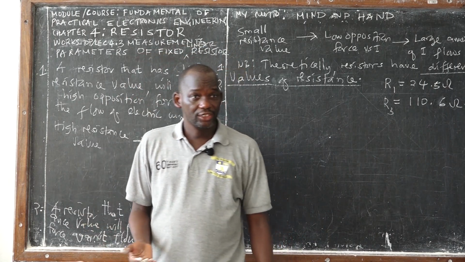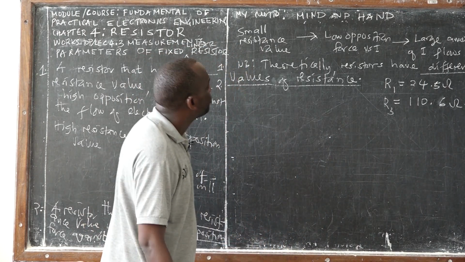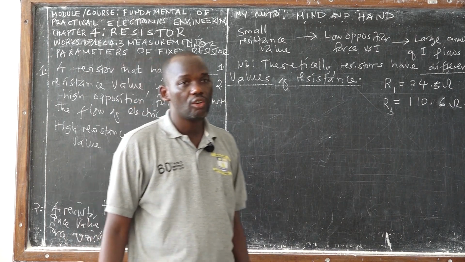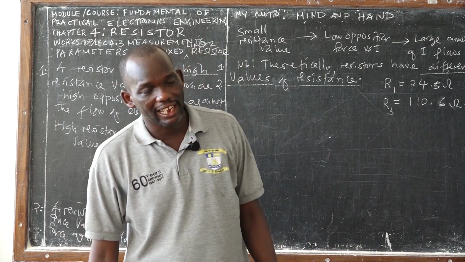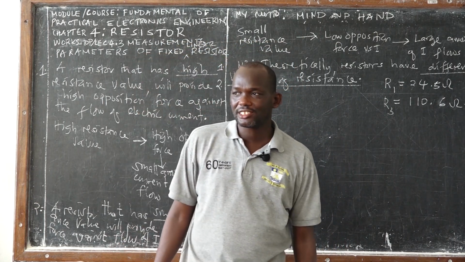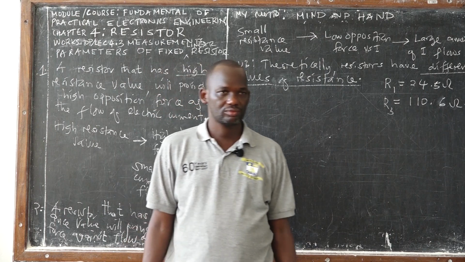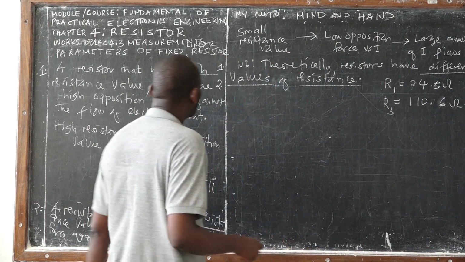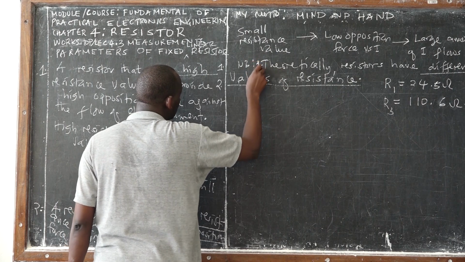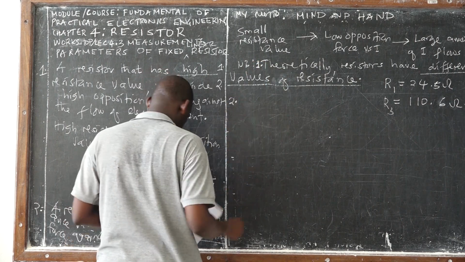Are we together? Theoretically, resistors have different values of resistance. But practically, we don't make resistors of all values. This is number one. Let us go to number two.